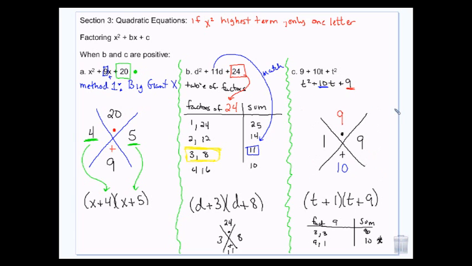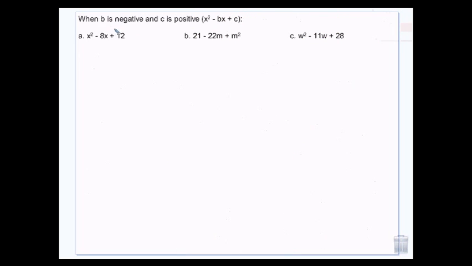This is always a big giant X, though. B is negative and C is positive. So the middle number is negative and the last number is positive. Okay? When this happens, think about this. Two numbers that'll add up to make a negative but will multiply to make a positive are both what?